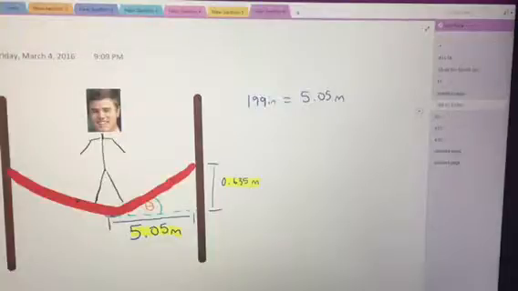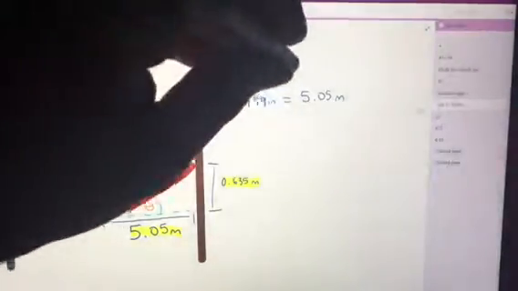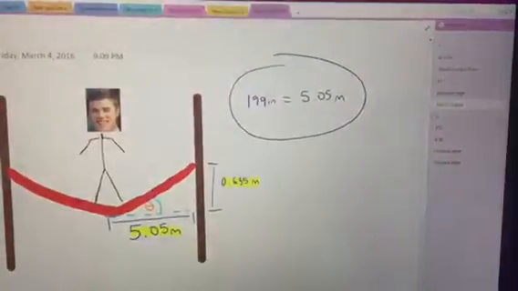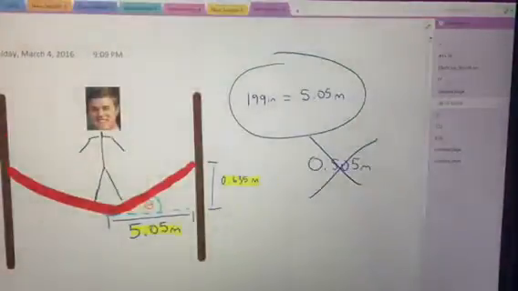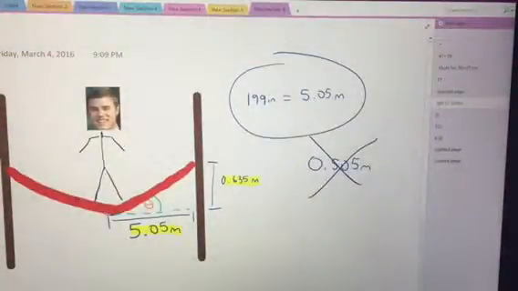Unfortunately, it is at this point in the video that we make a slight error in our calculations. 199 inches is 5.05 meters, not 0.505 meters as we did in the video. So a slight error, but it caused a pretty significant change in our final solution and our calculations.